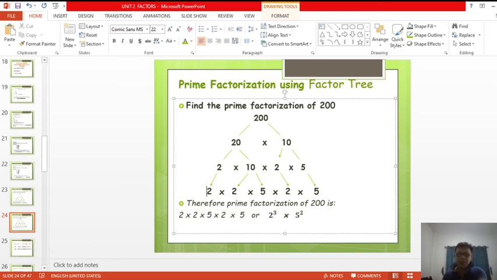Why one leg? Because it's already a prime number. So you put one leg for that, 2. And just copy it. Copy this. Okay? Then after that, times. So we go with this. What is the prime factor for 10? We have 2 times 5. So that's what we got here.